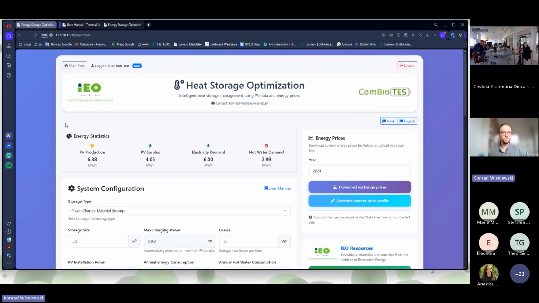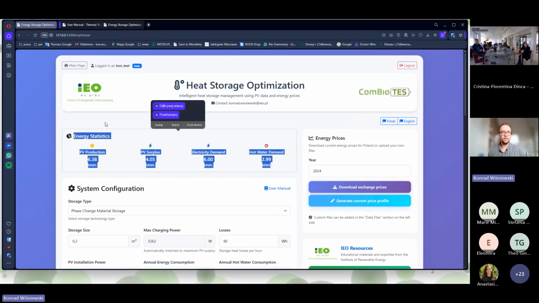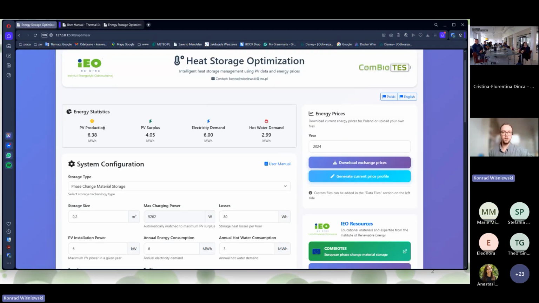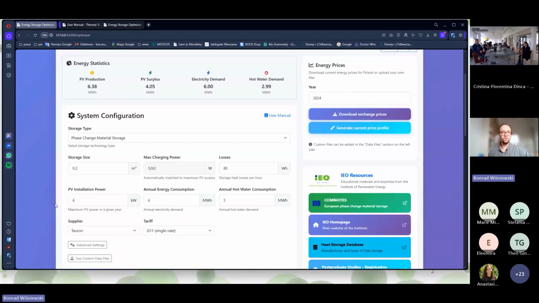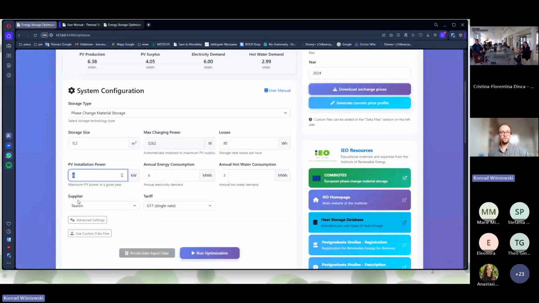Right now you can see the energy statistics, so this area is basically telling what kind of system we are looking for. All of these parameters can be changed below. For example, you can change the solar power installation and calculate it.